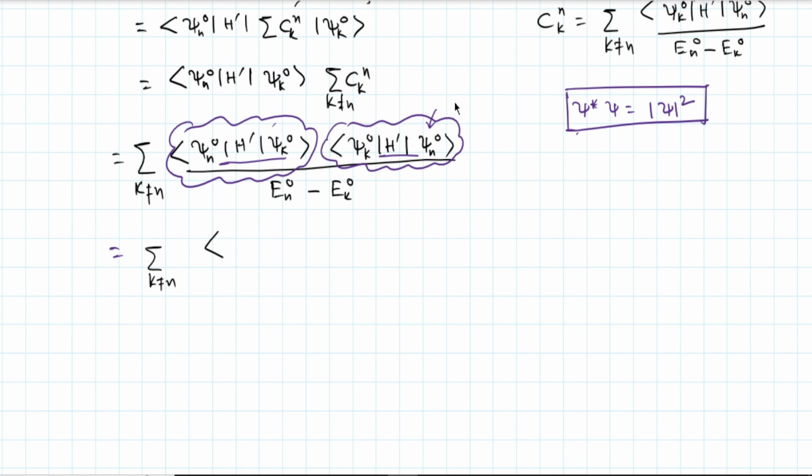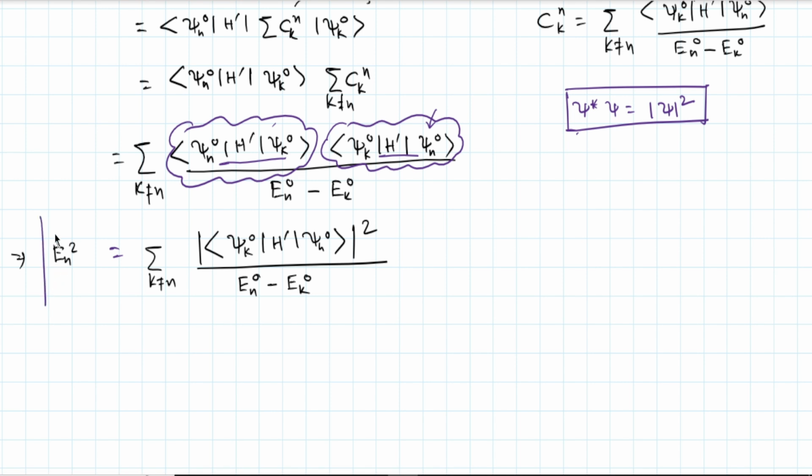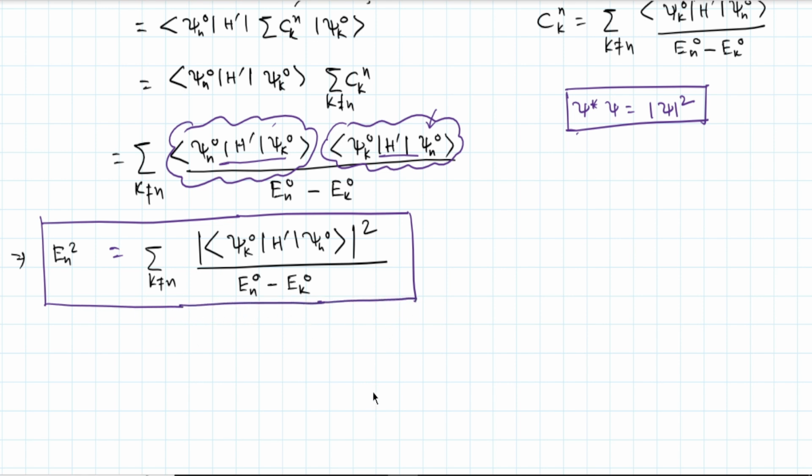So we are taking it as psi and psi star, so we will write |<psi k 0|H'|psi n 0>| mod square by E n 0 minus E k 0. This is the second order correction of energy eigenvalue. So thank you so much.